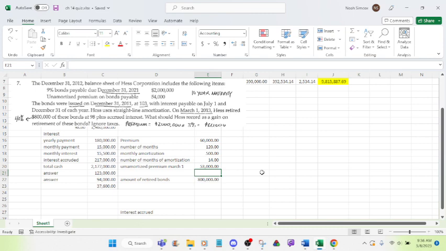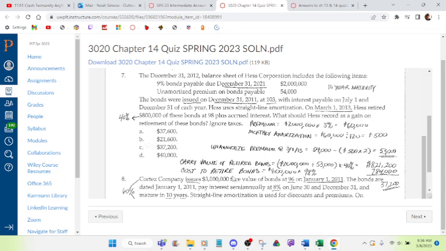So what now? So the carrying value of the retired bonds is that. But you don't need the carrying value of the retired bonds, do you? Why would you need that? Oh, I guess the reason is because it's a little bit more simple.